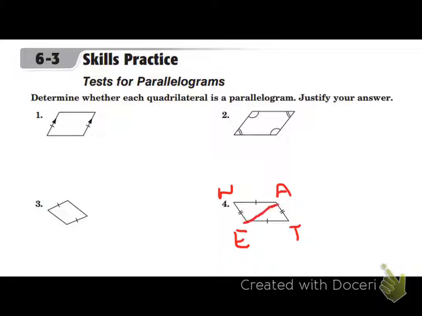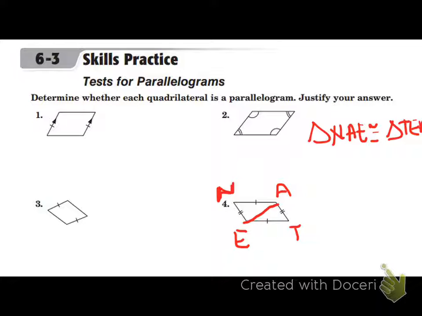Suppose we have this quadrilateral, NATE, and we're given what we're given, and I drew in segment AE. Complete this for me. Triangle NAE is congruent to triangle TEA.